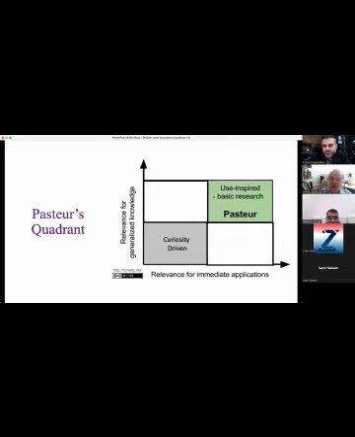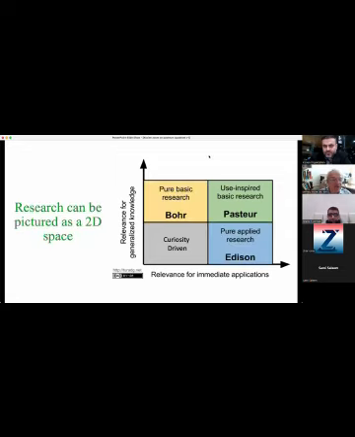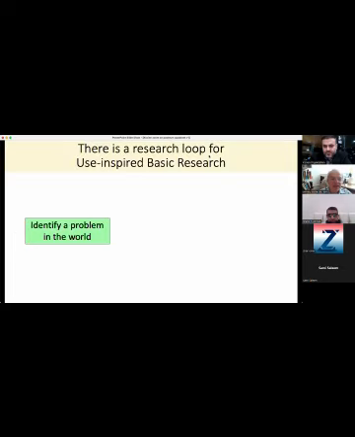And this is what he called use-inspired basic research. And the idea here was that there's the whole space, and you can think of this as a sort of research loop.